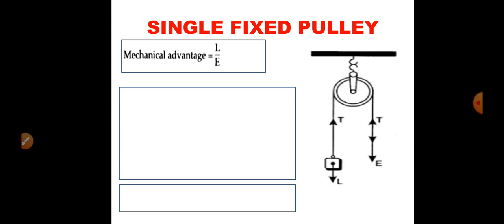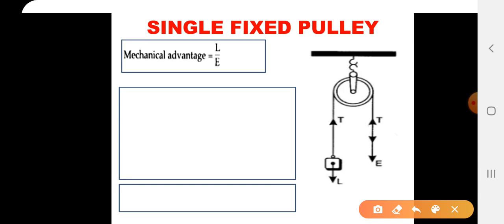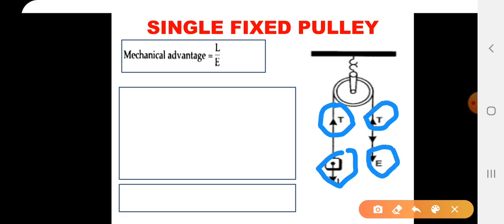So you can see in this diagram, if the load is acting in downward direction, there is a tension in the string. The tension in this string and the load both are equal. Same way here, if effort is acting in downward direction, there is a tension in the string. So the amount of effort we are applying on this cable or string, so much amount of tension is there in the string.